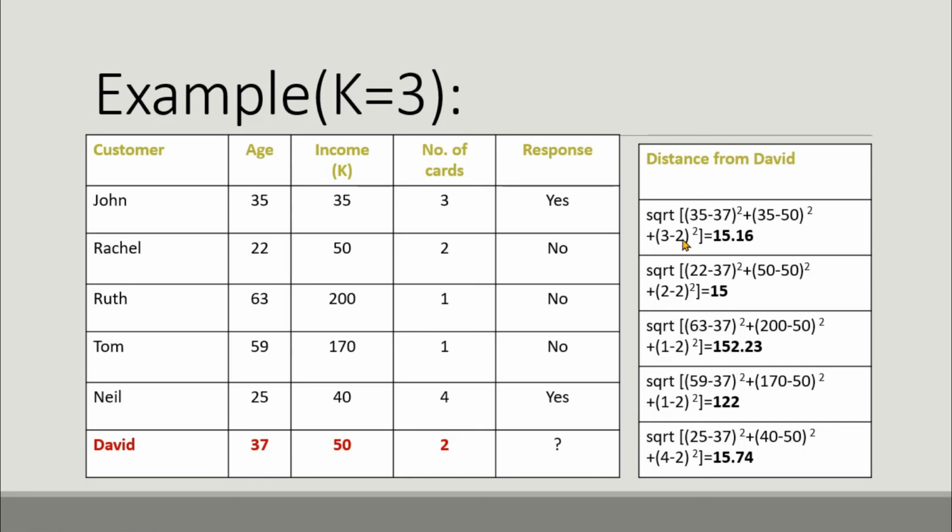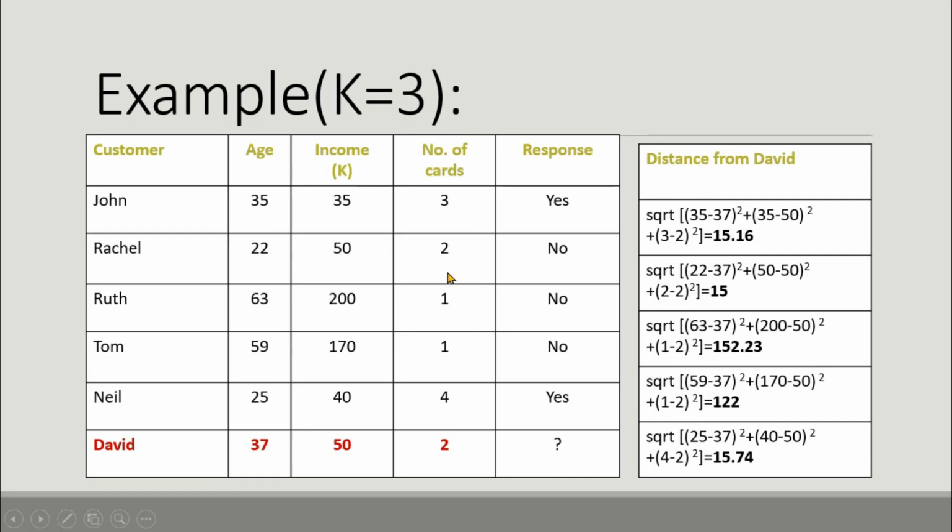In our example, the value of k is 3. So the lowest 3 values will be considered for finding the response of David. Here the lowest 3 values are 15.16, 15 and 15.74. The values are for John, Rachel and Neil.